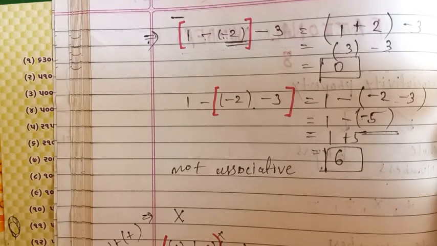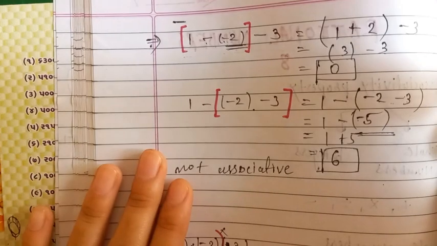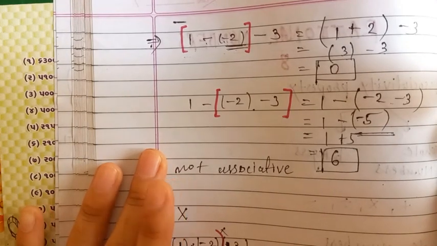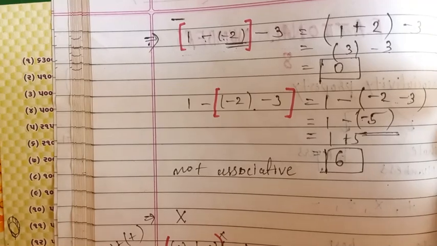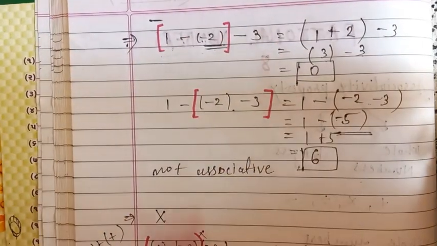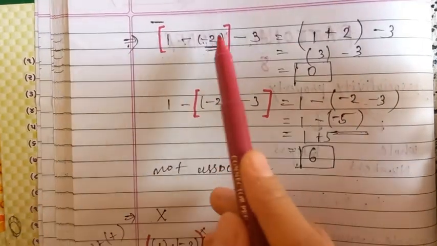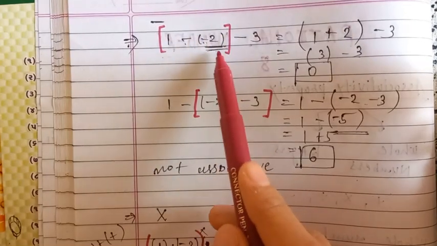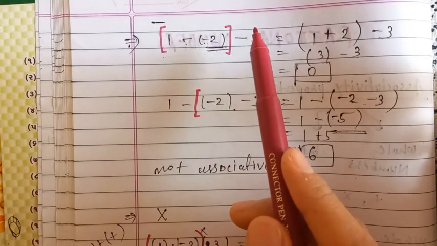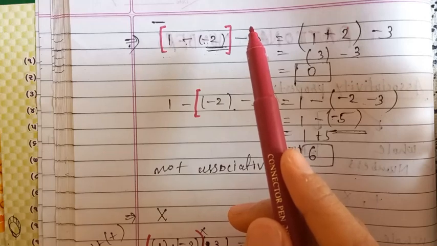This is for integers. In the next video we will see for whole numbers. I made a very bad mistake. This is for integers, because I took this -2 and negative numbers are not included in whole numbers.